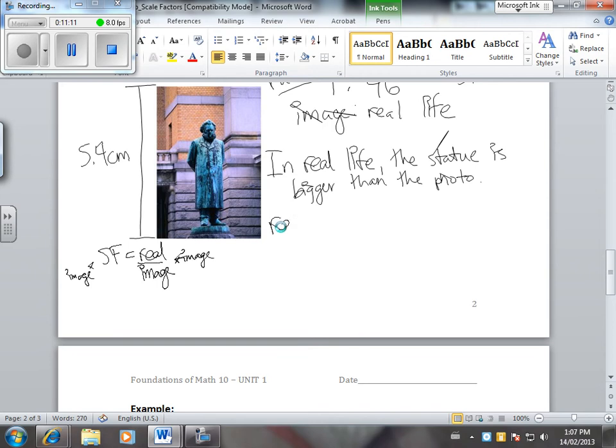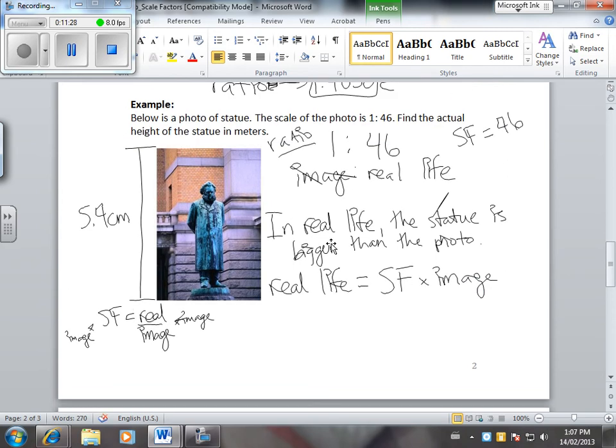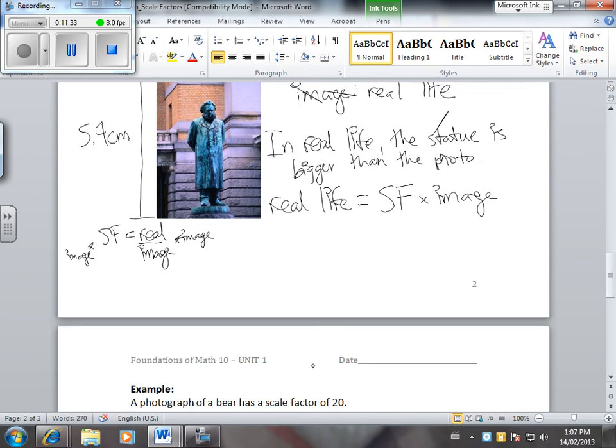So real life equals scale factor times image. And remember that we said our scale factor was 46. We wrote that up here. So we have 46, and we have our image as 5.4 centimeters.